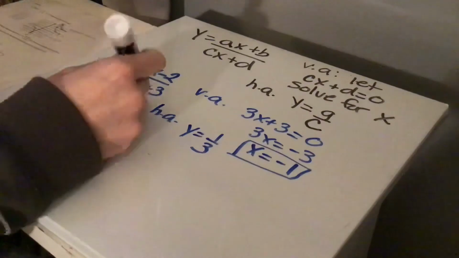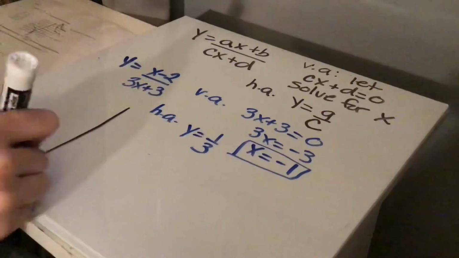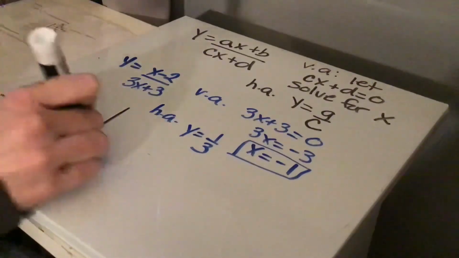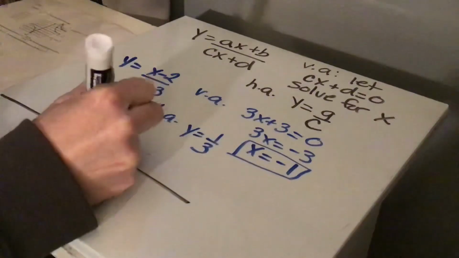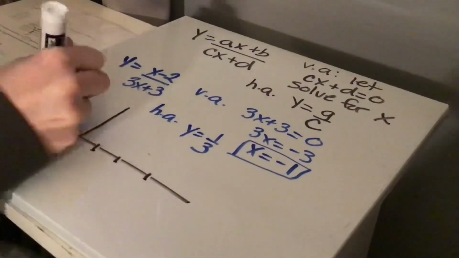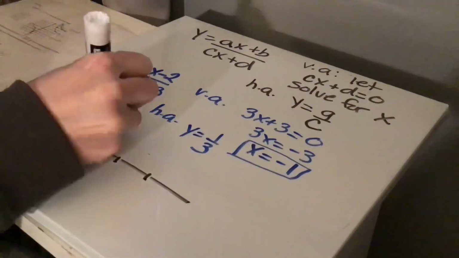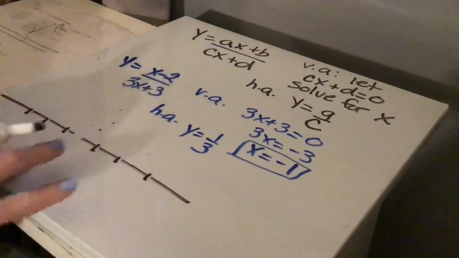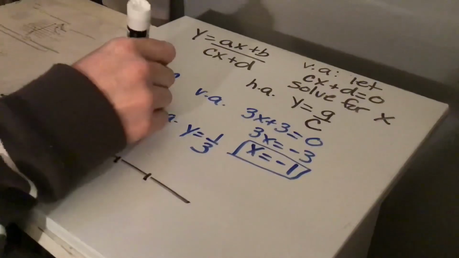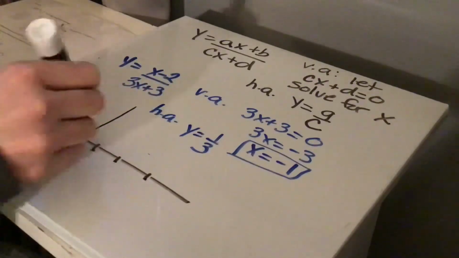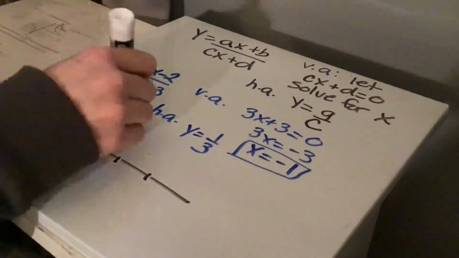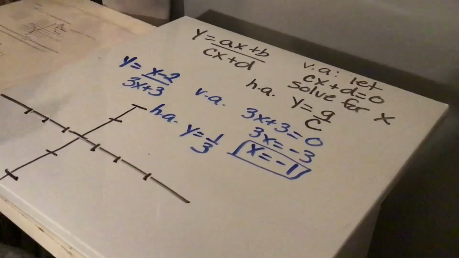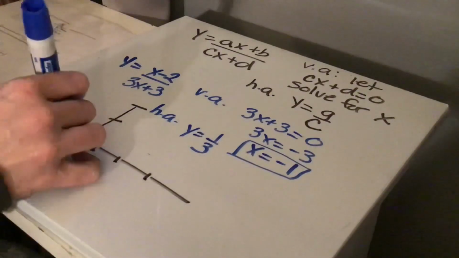Okay, making the graph the same way as in the last one. So we're going to have our xy coordinate plane. We are going to make our asymptotes. So let's do 1, 2, 1, 2. So x equals negative 1 is here.